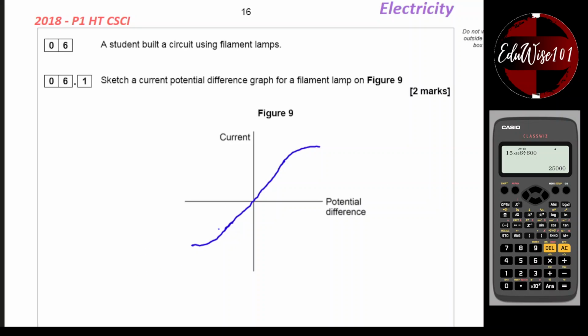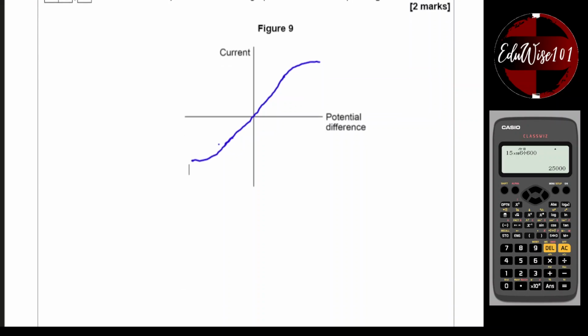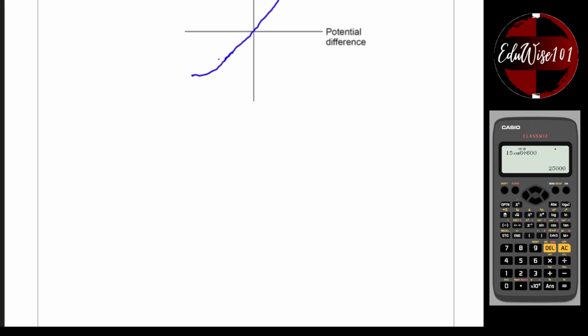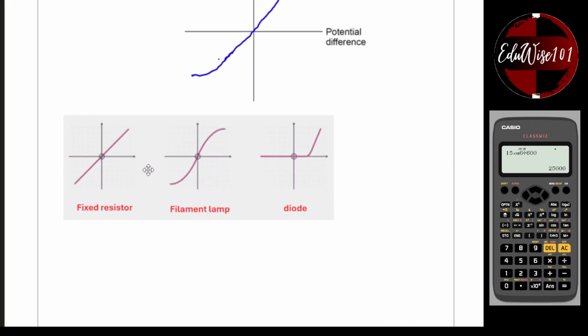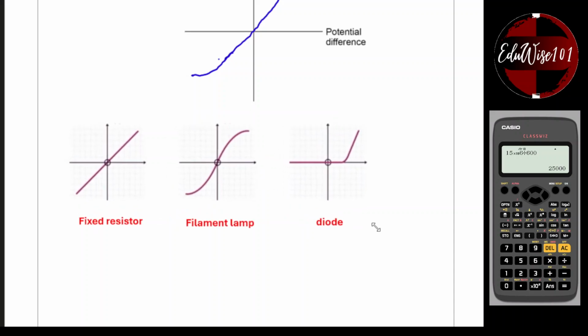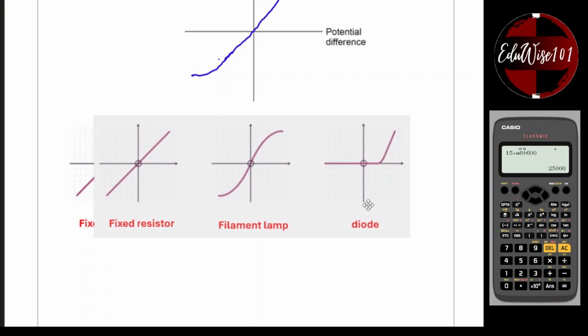Now, in GCSE, they are going to ask you to remember the shape of 3 different potential difference graphs. This is one of the required practicals. So let me give you some notes on this. The 3 graphs that you need to remember: the fixed resistor, which is a straight line going through the origin.